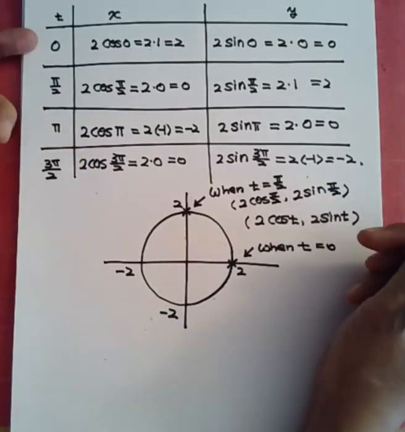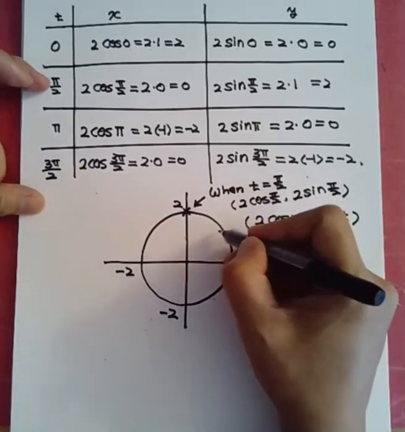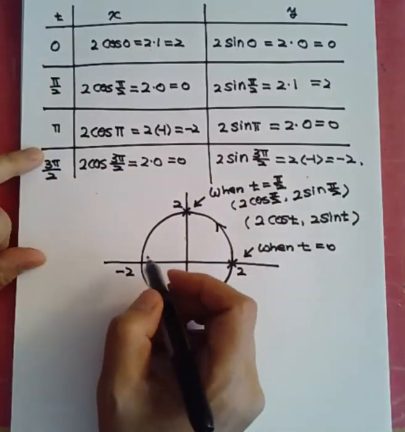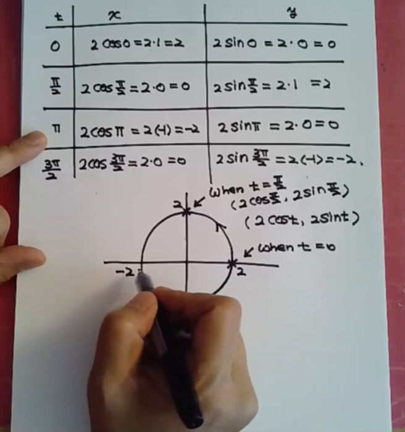So when t changes from 0 to pi over 2, we trace the circle in this way. When t becomes pi, the x value is negative 2, and the y value equals 0.